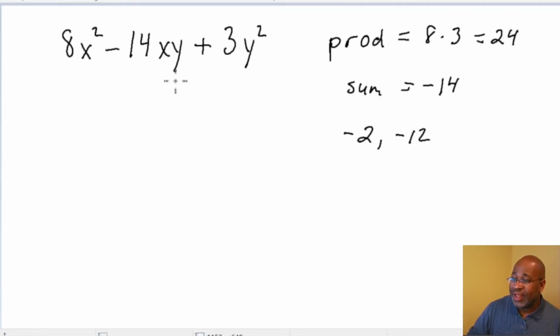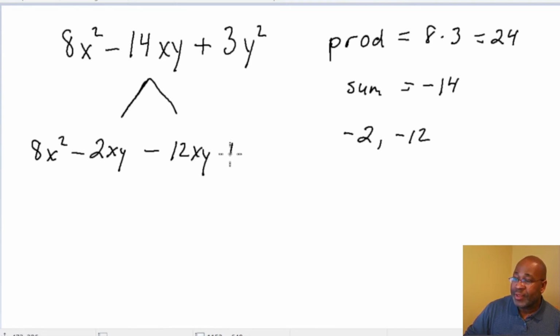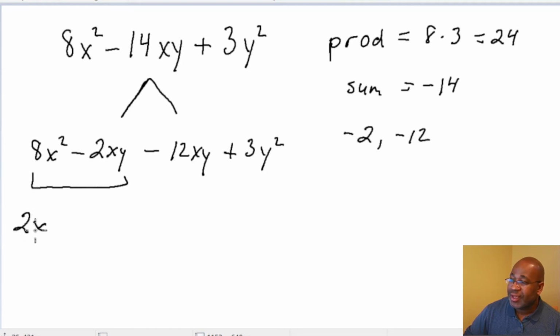So then what do we do next? The middle term, break that up. We have 8x squared minus 2xy minus 12xy plus 3y squared, and then factor by grouping. So the first pair of terms, common factor here is going to be 2x. Extract that, we'll have 4x minus y, and bring down the negative.